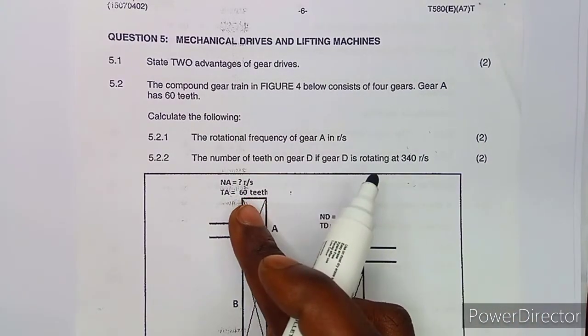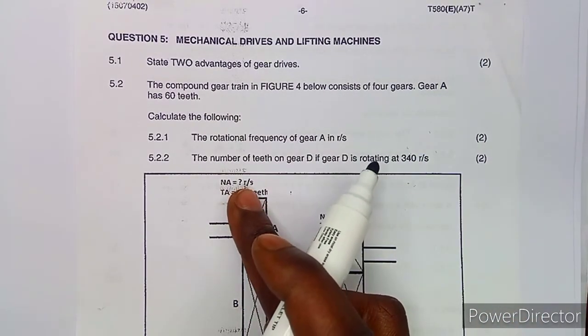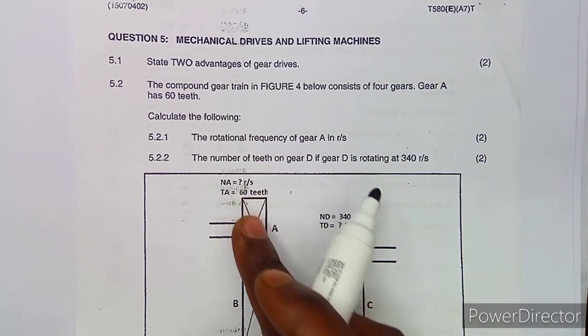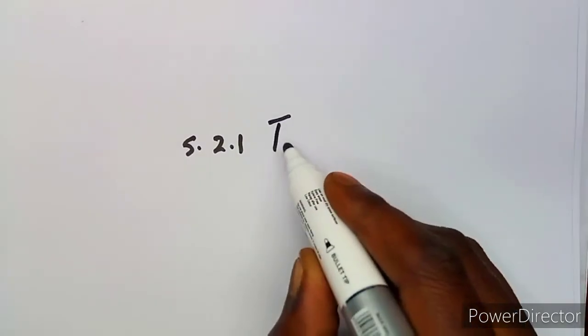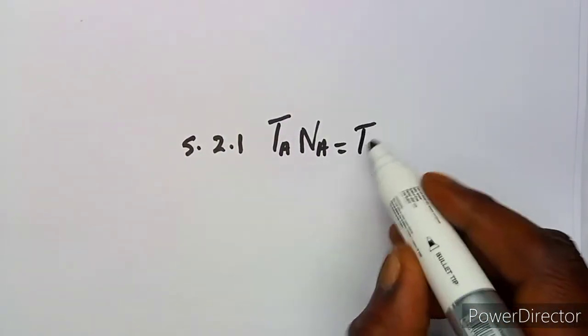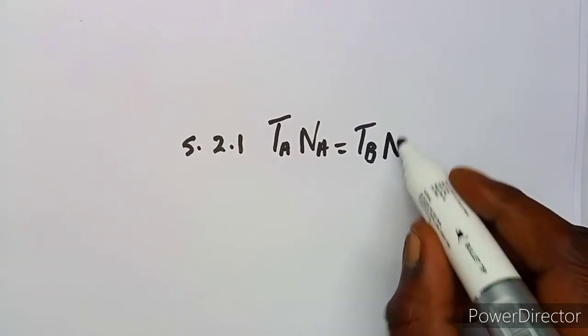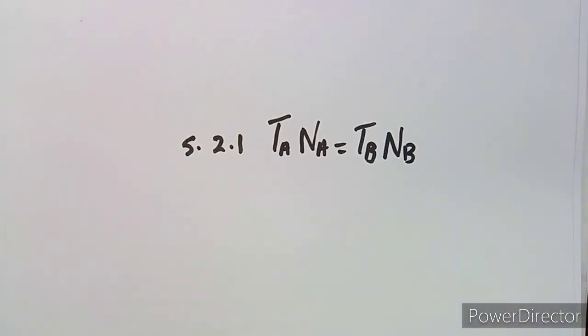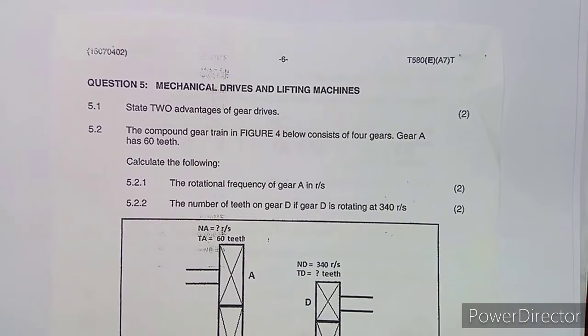We can relate from the number of teeth and also the speed that we are going to have, which is the rotational frequency. So how do we connect this? TA NA is equal to TB NB, just like that, guys. That's how you connect this. I think now you are very familiar with this one.